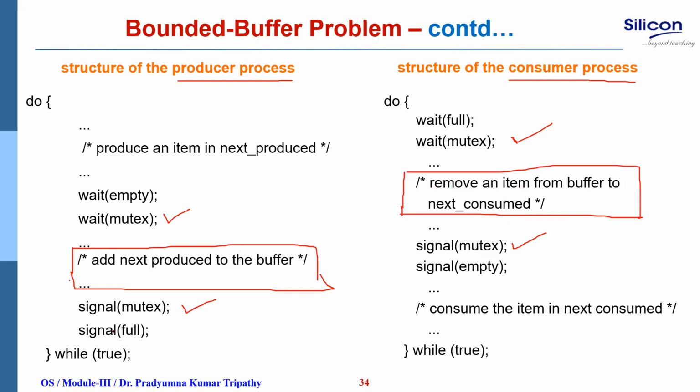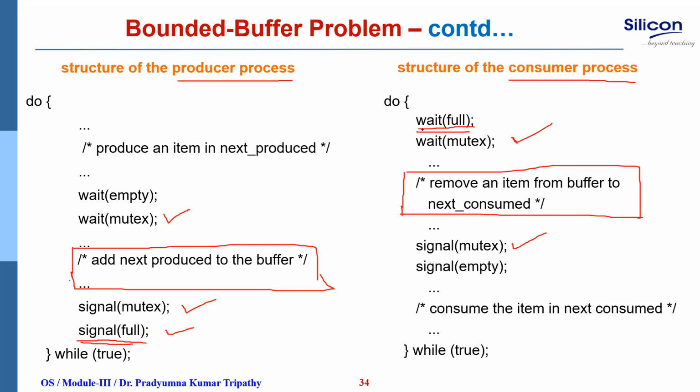Yes. Okay, now whenever an item is produced, that means the full must increment. That means signal full. What does the signal operation do? S plus plus. So we are doing signal full. Why is it there? Because an item must be produced, then only the consumer can take. So we have wait full over here. It is waiting for full.